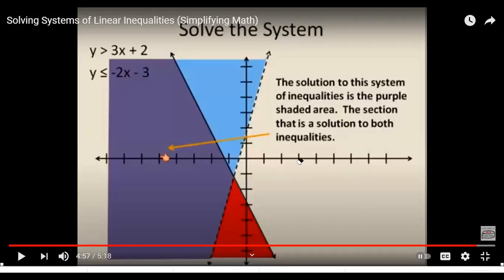No. Any point not related to the purple region will not be a solution. Okay, so let me check with you. Give me any point belonging to the white part. 2 and negative 2. So we will choose 2 and negative 2.